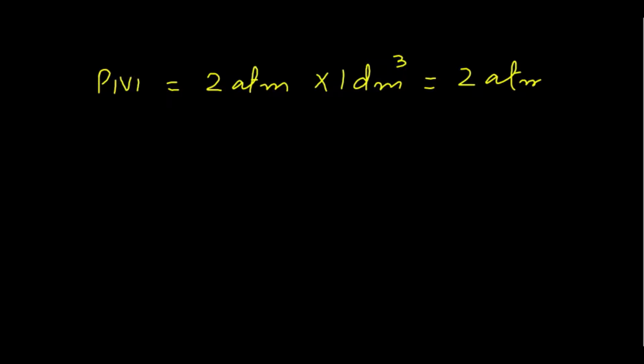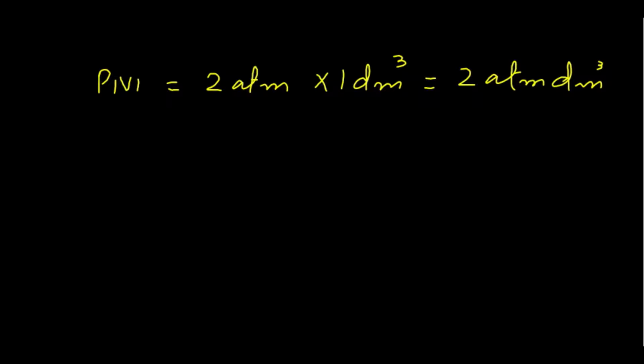According to Boyle's law, the product of initial pressure and initial volume is a constant quantity, that is P1V1. The initial pressure is 2 atmosphere and the initial volume is 1 cubic decimeter. By multiplying, we get the answer, that is 2 atmosphere cubic decimeter.